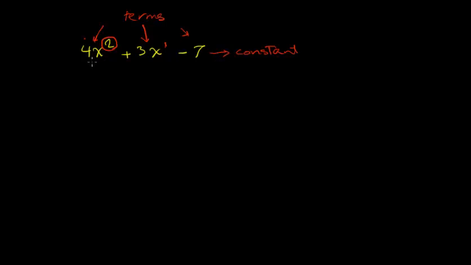In the first term, we have both number and variable. The number is called coefficient.